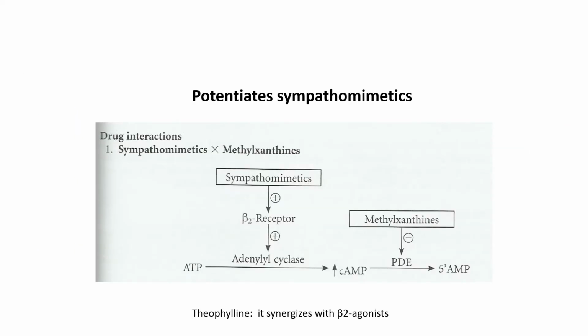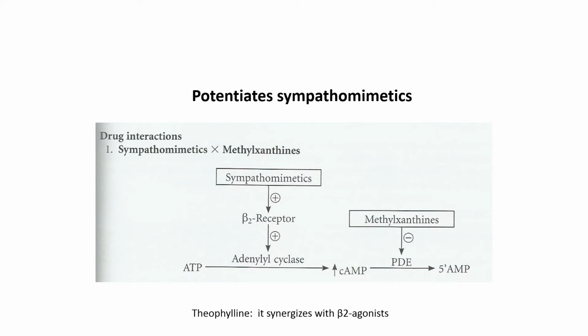Now one question: if we combine methyl xanthines with beta 2 agonistic agents, will we get an enhanced effect, or will the action of the beta 2 agonist be synergized by adding a theophylline-like drug?